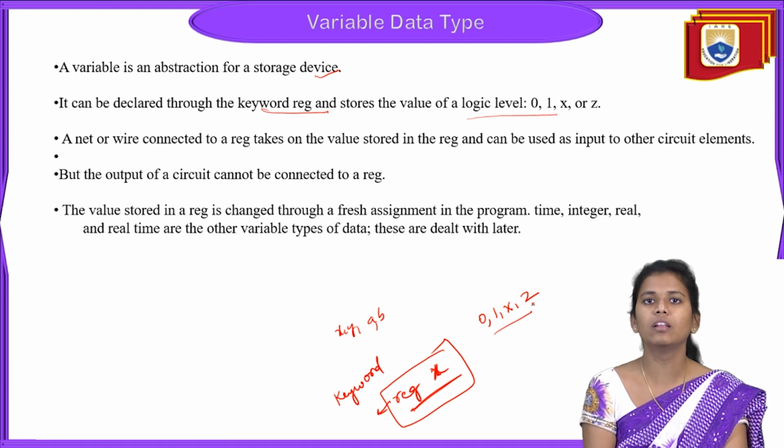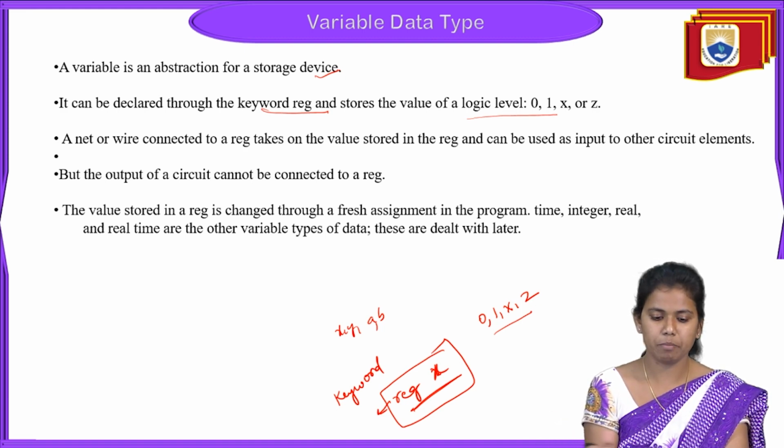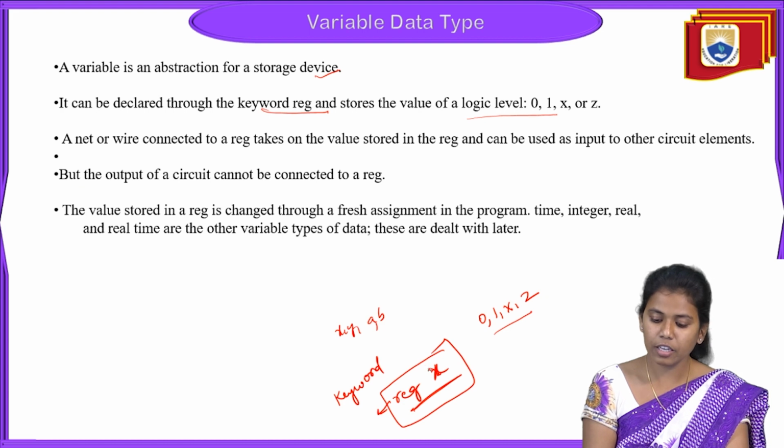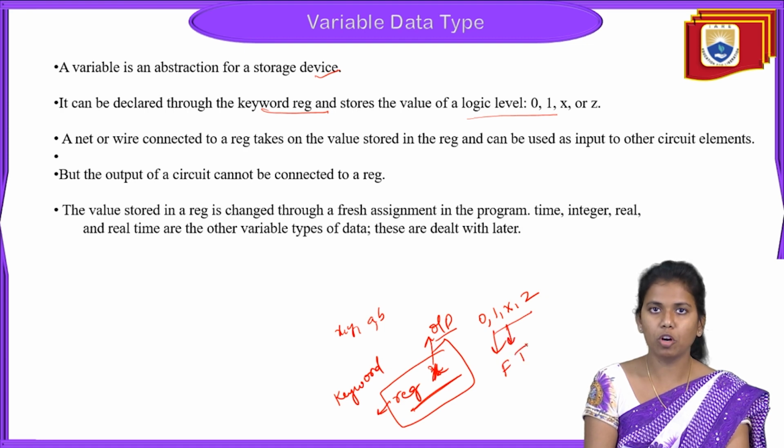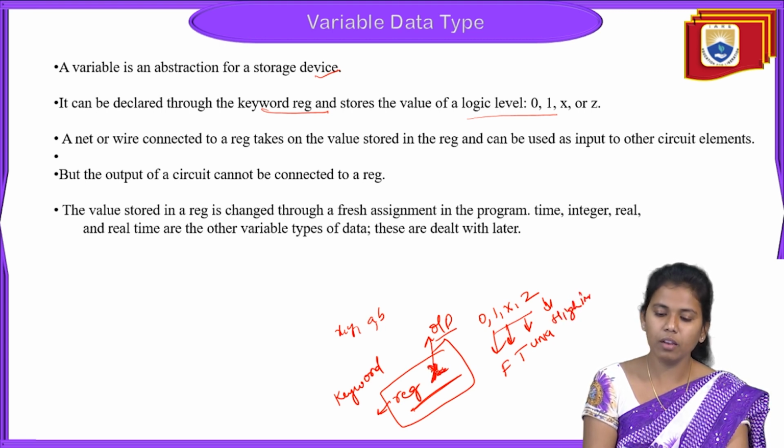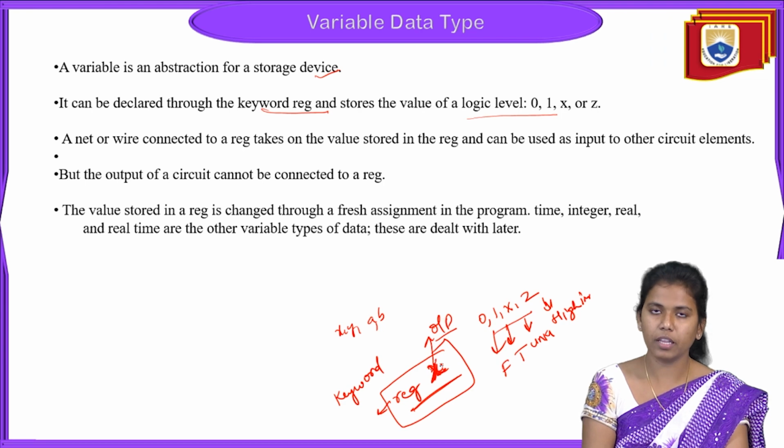Any logical level, it represents the output. For example, if x is an output, the output could be 0, that means false, it could be true, it could be unknown, and it could be high impedance. This is a variable output representing x.